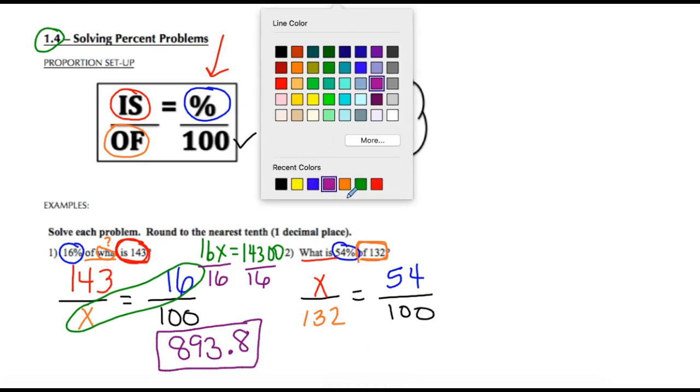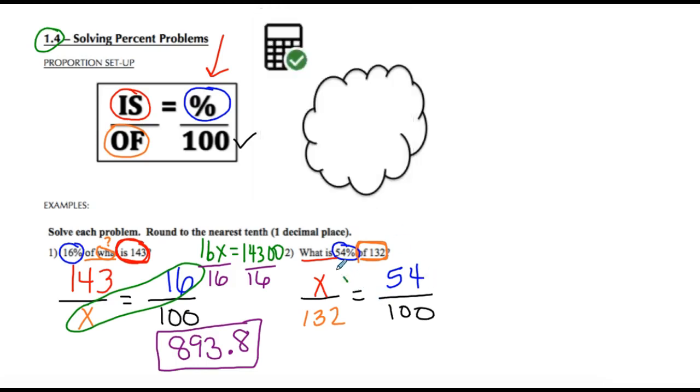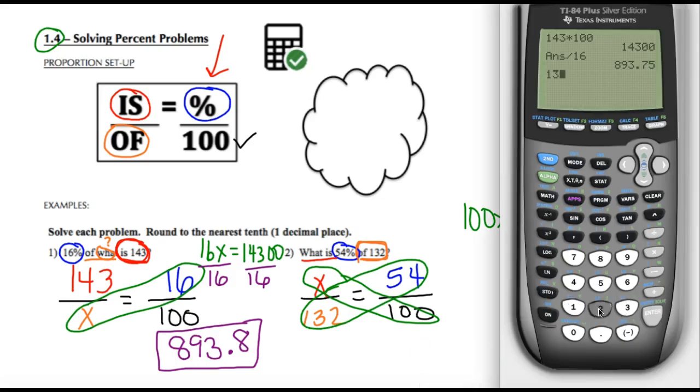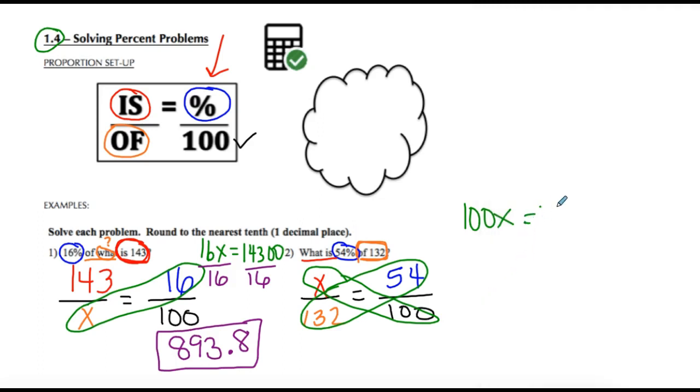We're going to go ahead and cross multiply like we have been. 100 times x is 100x. 132 times 54 is 7,128.